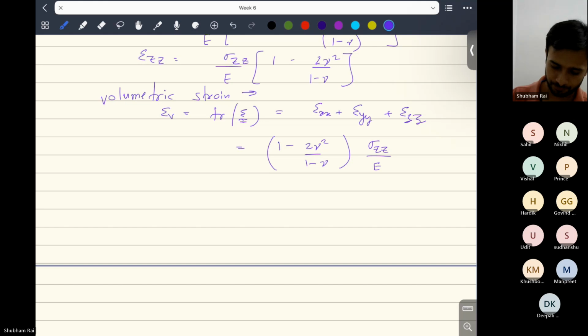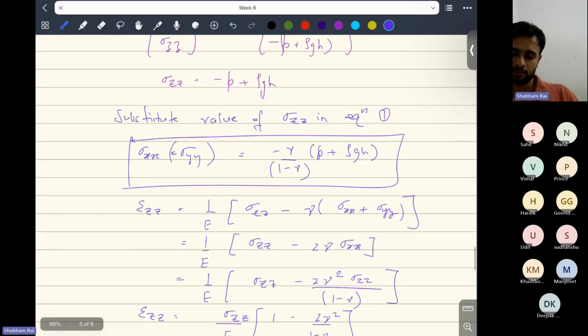So sigma zz is minus p plus rho gh. So this will be minus of, I'm checking LCM, so it will be 1 minus mu minus 2 mu square over 1 minus mu. And sigma zz is minus p plus rho gh. This will be the final expression for 1 minus 2.